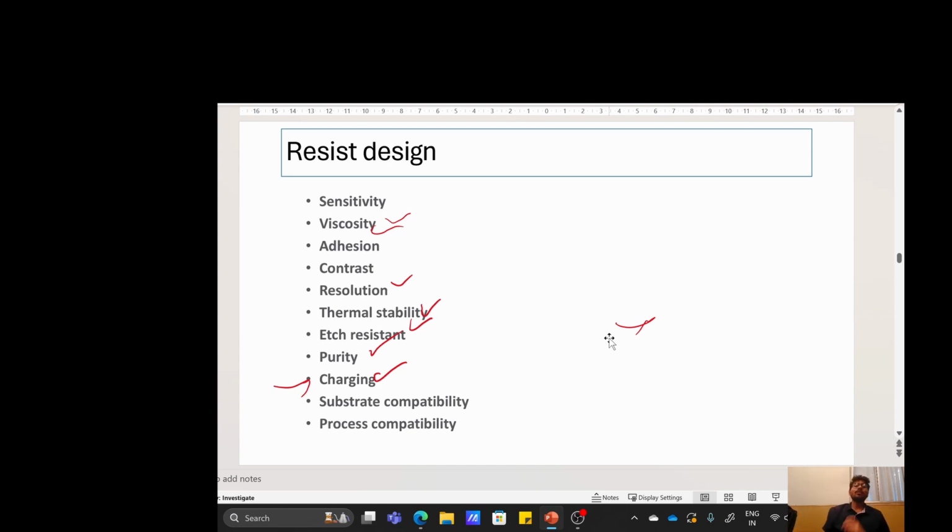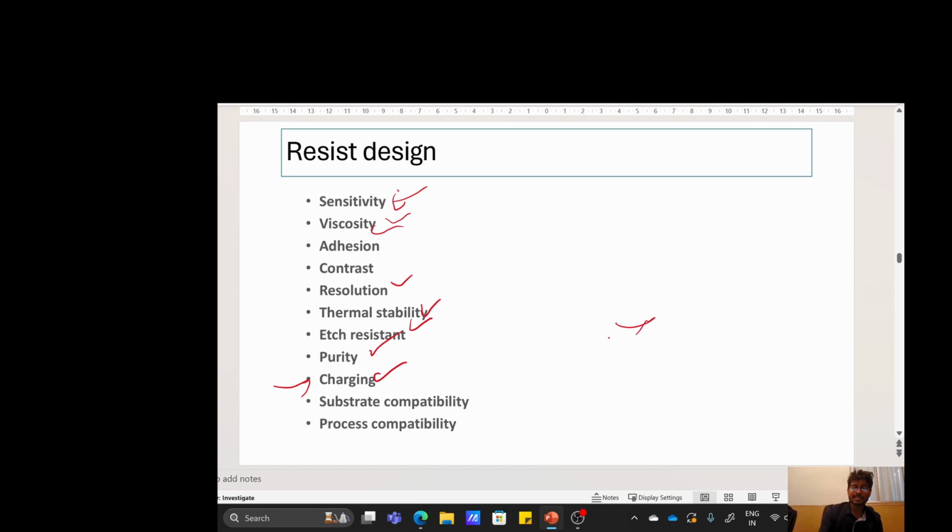Now, resist design. There are so many things that can happen to the resists. The resist is very critical for the indirect lithography process, because we initially transfer the pattern over the resist. The sensitizer is mixed with the resin.